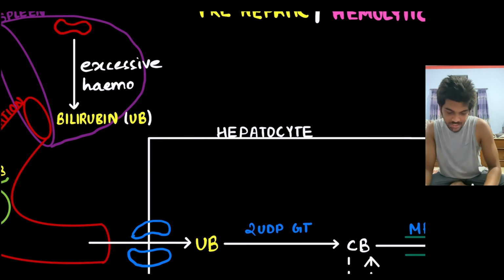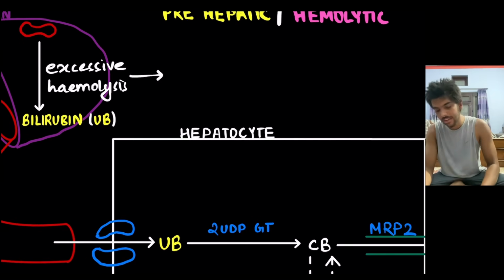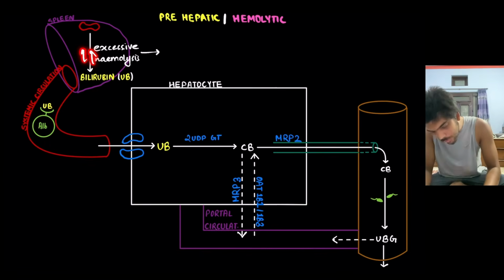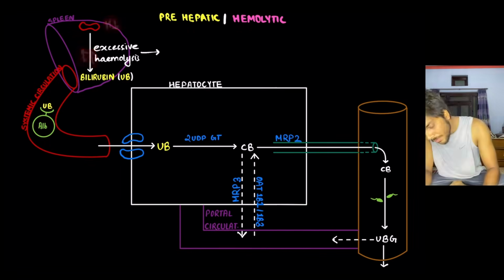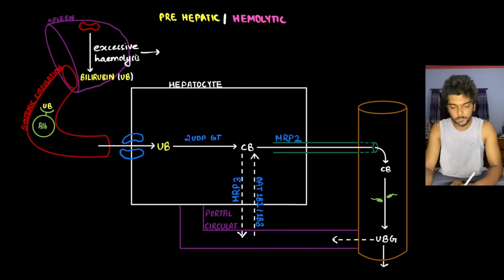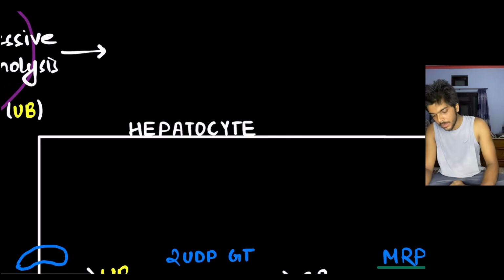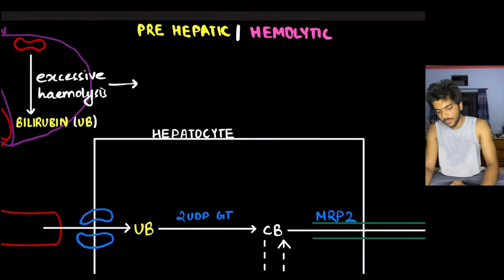Due to excessive hemolysis, there is excess breakdown of hemoglobin, resulting in an increase in unconjugated bilirubin. See, when there is excess hemolysis, there is excess breakdown of hemoglobin and excess production of unconjugated bilirubin.